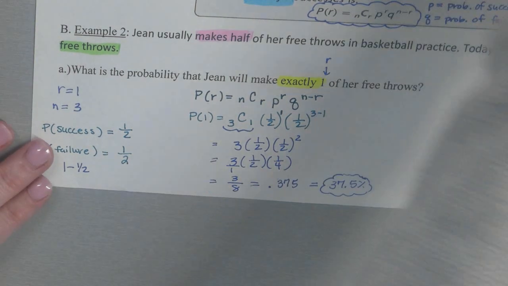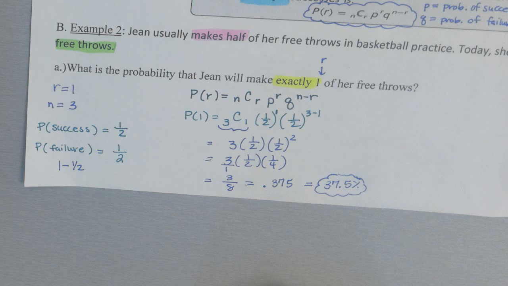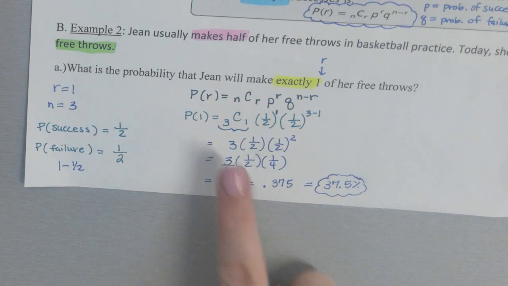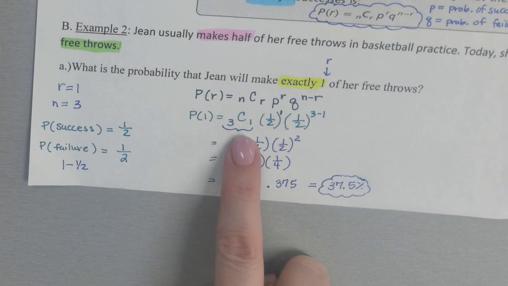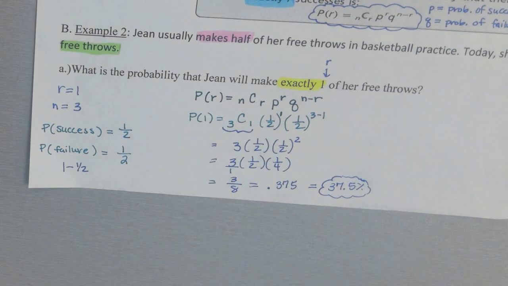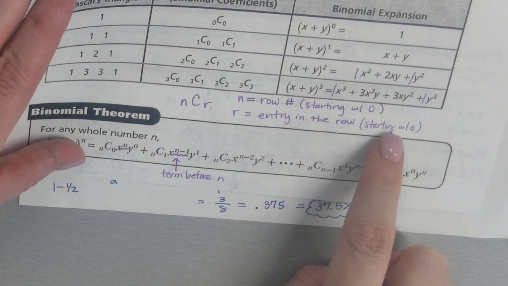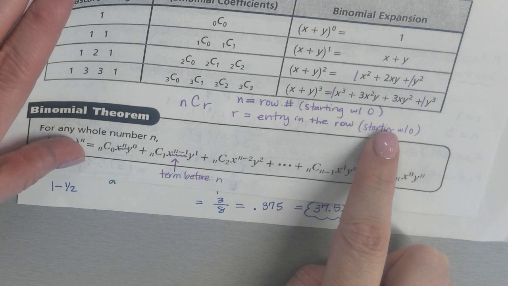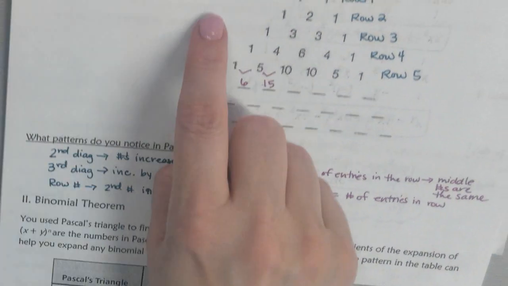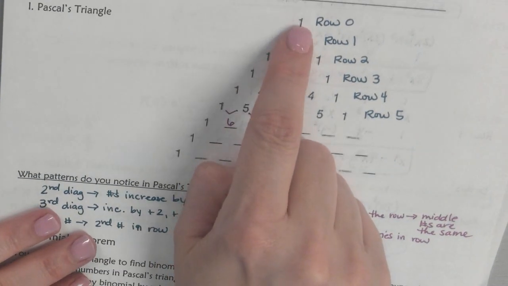Could you explain that, what you were saying again about the 3C1? Yeah, so I'm saying if you wanted, you could use the Pascal's triangle, but remember, when you use Pascal's triangle, the entry number in the row, you have to start with 0. Okay, so that means every single row, this entry here that comes first in it is really entry 0.